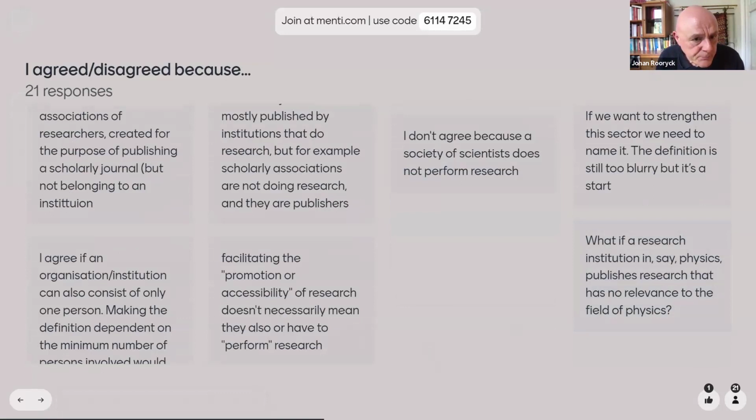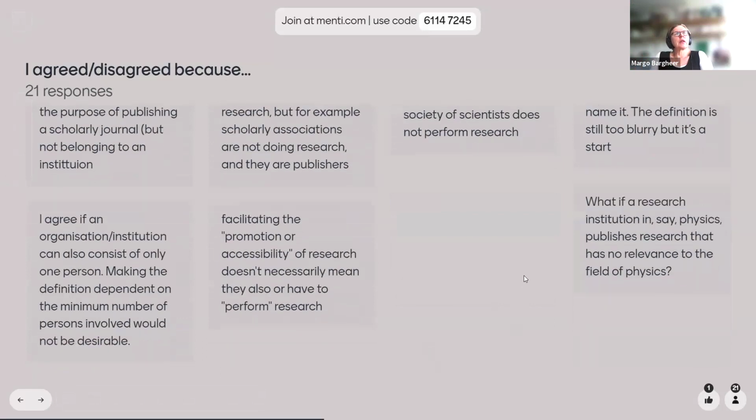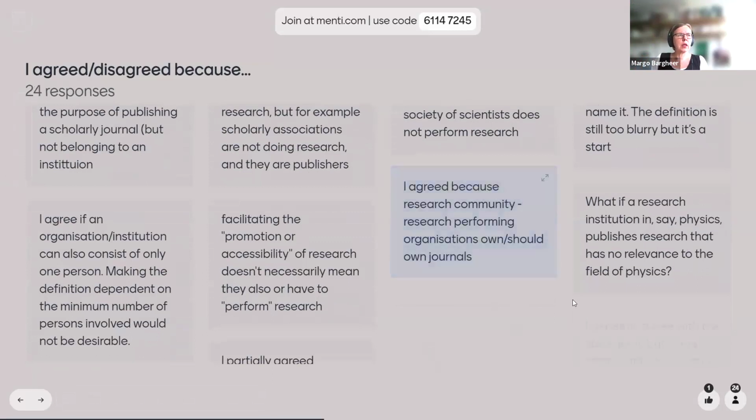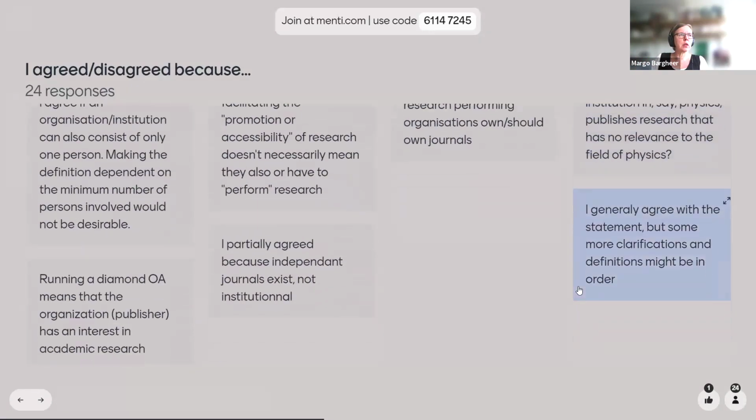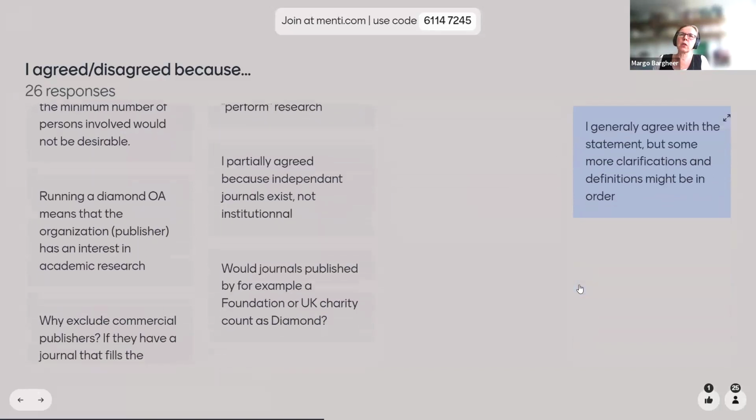Margot? So the comments on Mentimeter run exactly along the same lines of thinking and contemplating that we have within our groups. One thing is we want to avoid false positives, but we absolutely also want to avoid false negatives, meaning not excluding, for instance, examples that Joanna just posted into the chat.